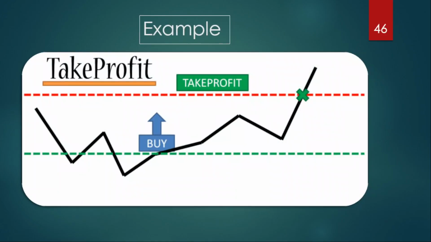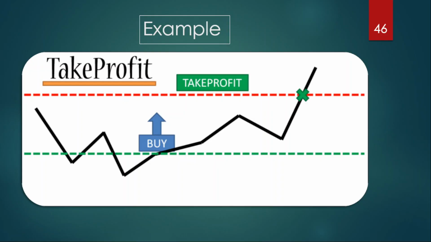Therefore, in this case, we will talk about take profit. On the basis of take profit, we anticipate that the market will be going up to that level that is indicated with the red dotted line. And when the market reaches that price, the market should take whatever profits that we have made and close everything.